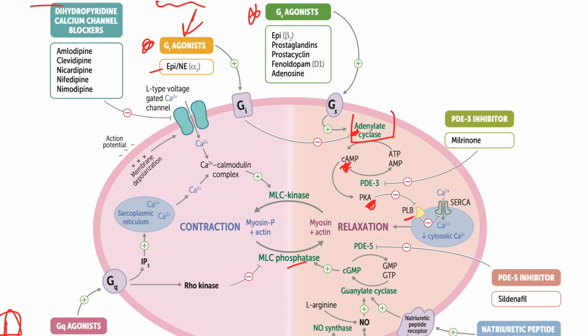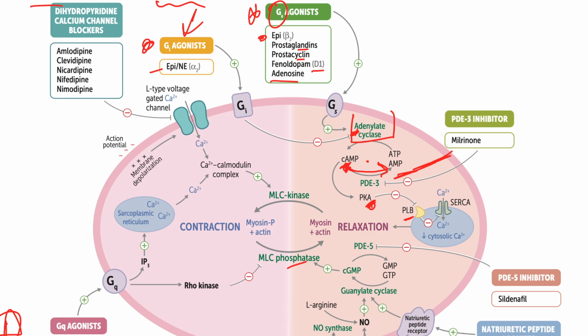What are the drugs that are Gs? Those are your epinephrine on beta 2 receptor, prostaglandins, prostacyclins, fenoldopam, which is D1, and adenosine. Okay, and that is going to be all. And you have a direct drug which would inhibit PDE3, the enzyme that was destroying cyclic AMP into AMP.